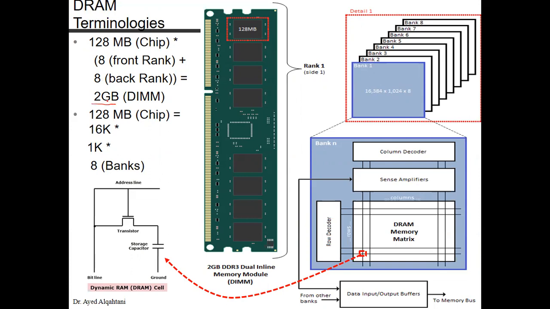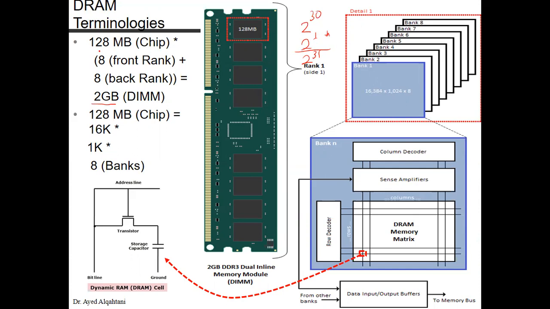You know that the gigabyte means 2 to the power of 30, and you know that 2 means 2 to the power of 1. So the total is 2 to the power of 31.